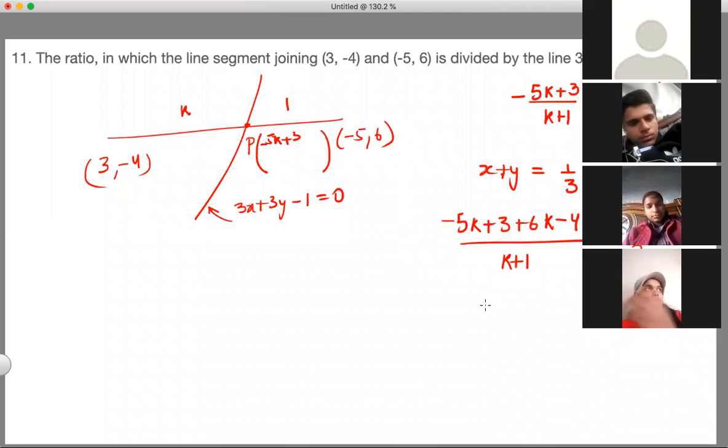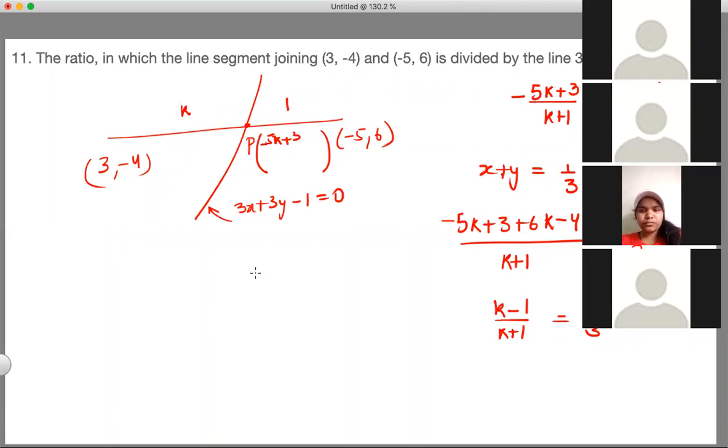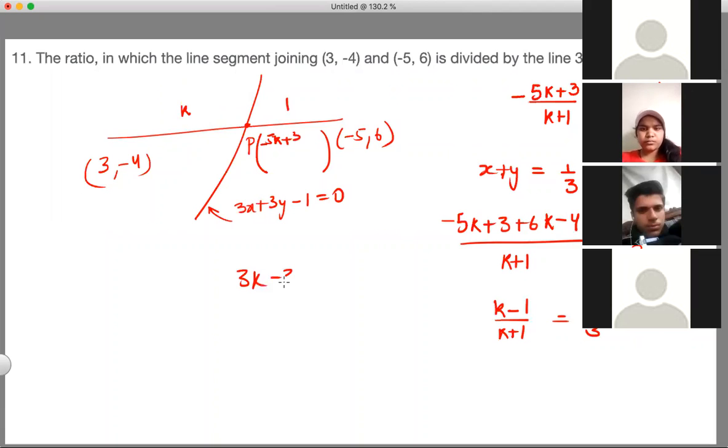So this is (k minus 1) by (k plus 1) is equal to 1 by 3. Okay, so 3k minus 3 is equal to k plus 1. 2k is equal to 4 and k is equal to 2.